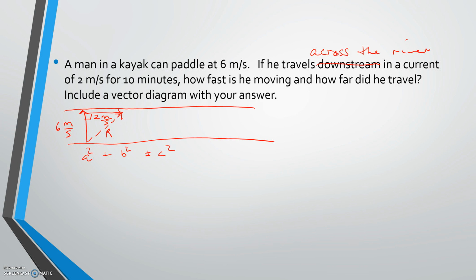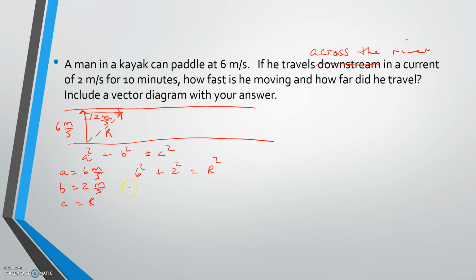We're going to plug in 6 meters per second for A, 2 meters per second for B, and we're going to plug in R for C. So we'll have 6 squared plus 2 squared equals R squared.